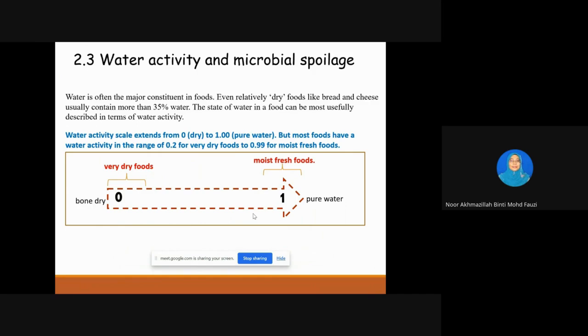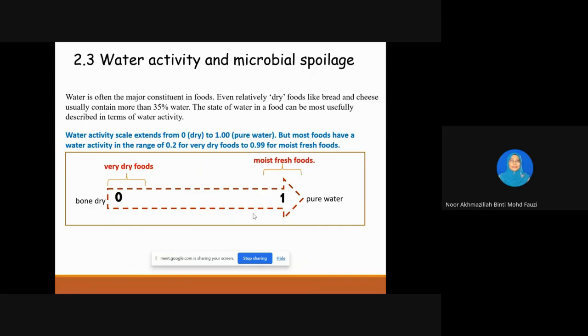As we know, water is often the major constituent in foods. We already know that mostly 70% of food is water. Even relatively dry food like bread and cheese usually contains more than 35% water. The state of water in food can be most usefully described in terms of water activity.